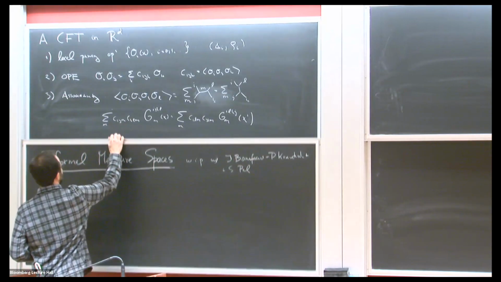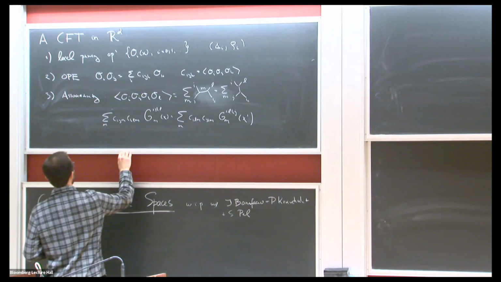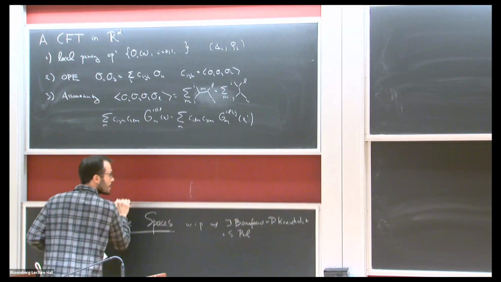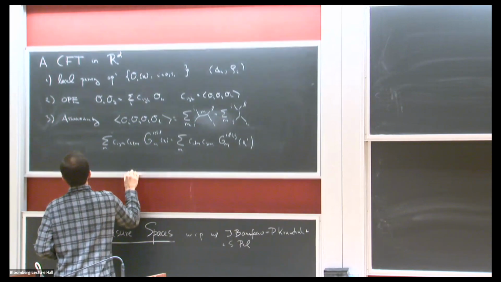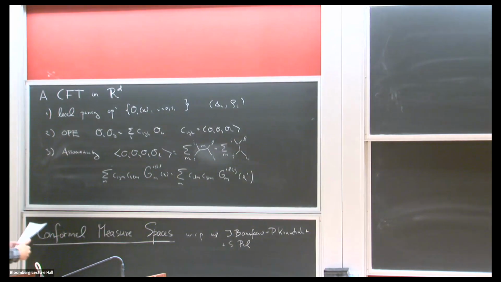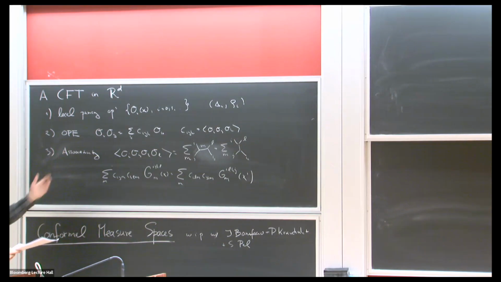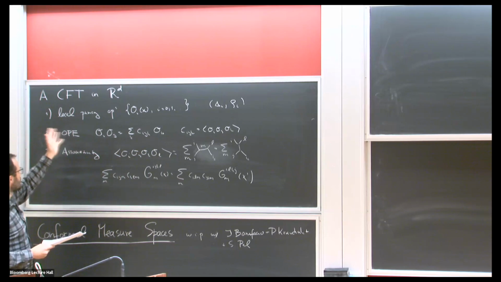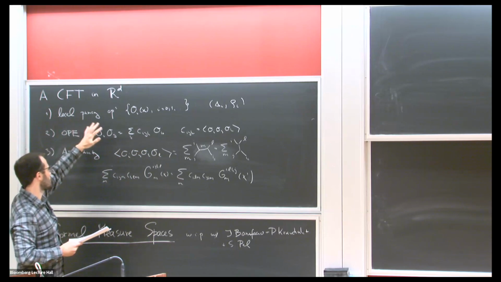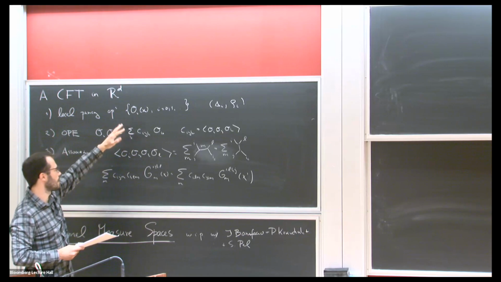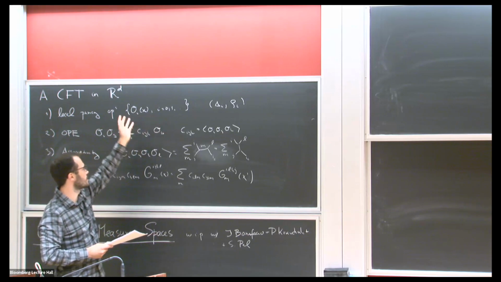Just as a quick introduction, let me tell you what I mean by the conformal bootstrap. So we'll be talking about CFTs in d dimensions. So small d will always be the dimension in which the CFT lives. And here is a possible definition of a CFT. So the basic set of objects which play a role are the local primary operators, which are denoted O_i. They're from some discrete infinite set.